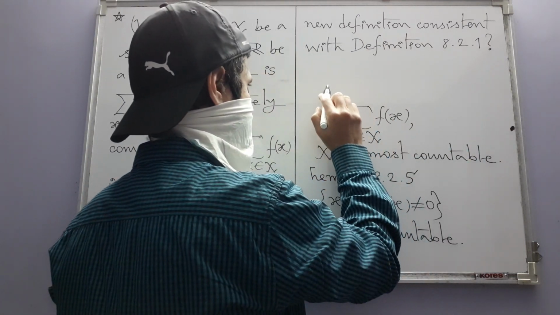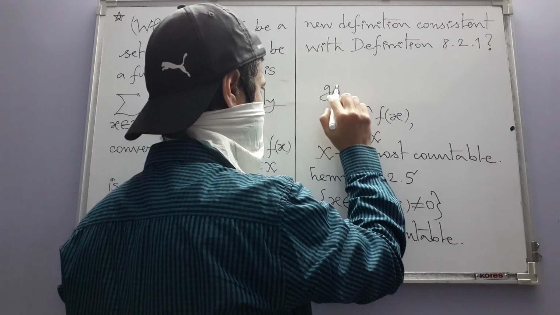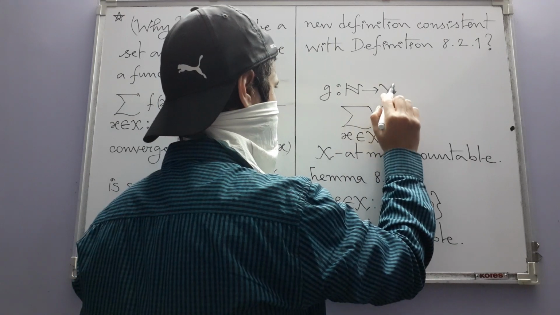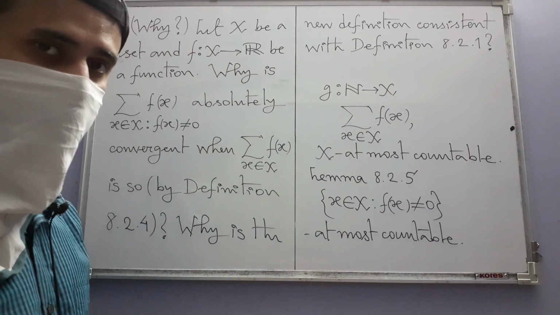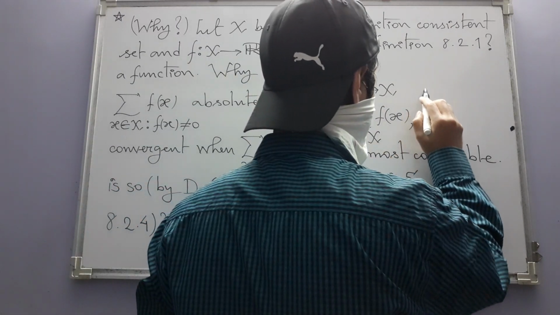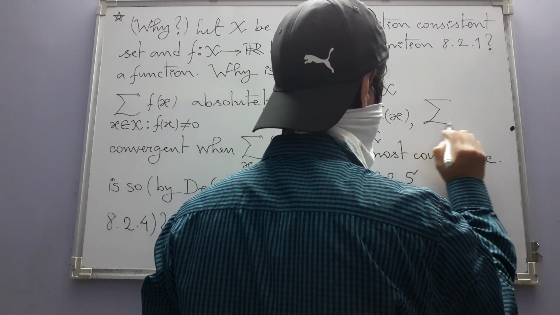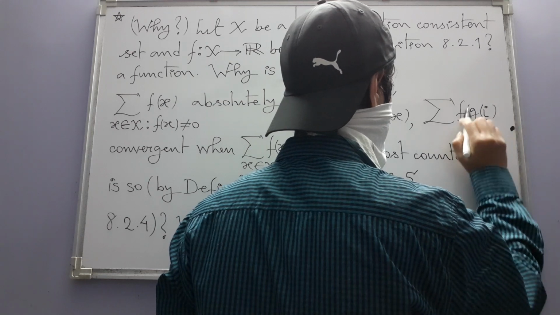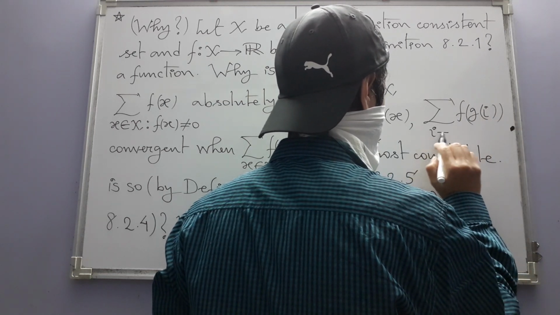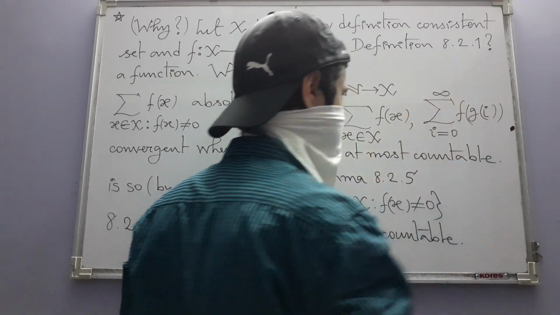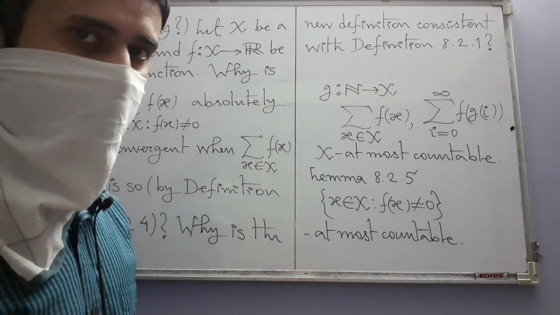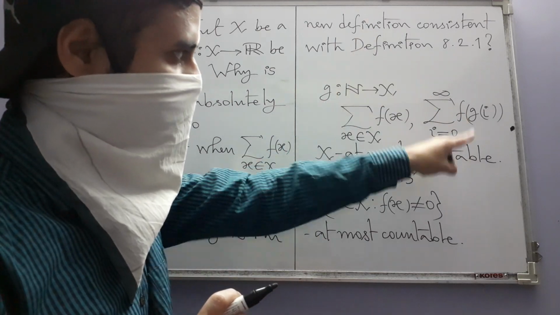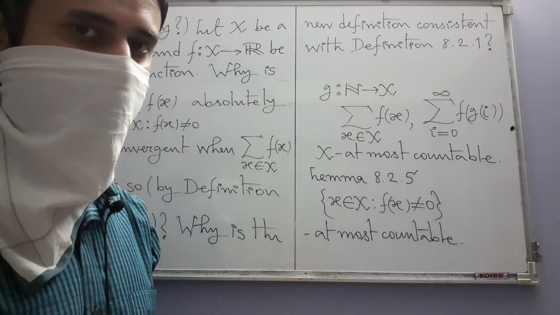It says that there exists a bijection like this, for which this infinite series itself is absolutely convergent, and it will have some sum, and that sum is the value of this sum.